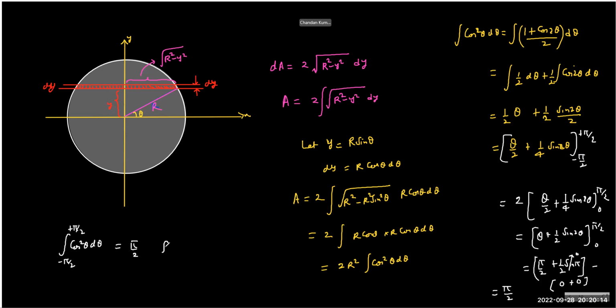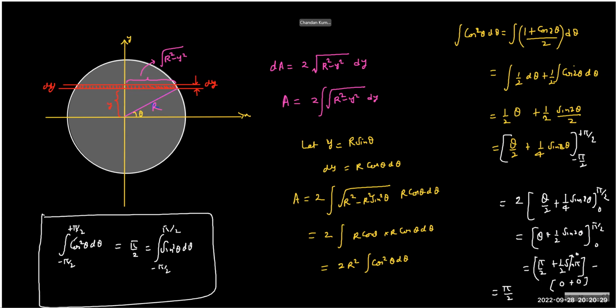And also sin square theta is the same. So whether it is sine square or cos square, from minus pi by 2 to pi by 2, you can always take it as pi by 2. Okay. So now this will be minus pi by 2 to pi by 2, and this will give you the answer.